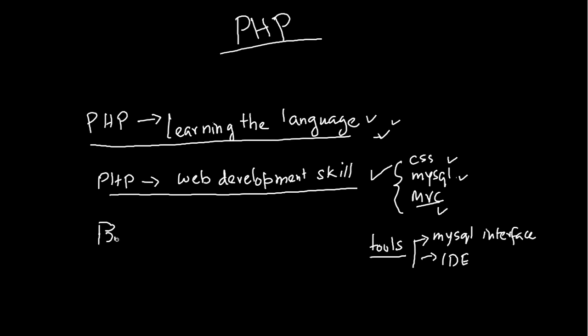So let me write backend PHP. Okay, let's see if I can get my typing clear. Backend PHP. Some people call it CLI, I think it's something to do with command line interface. This is how PHP is used in writing pure backend scripting, which has nothing to do with web development.